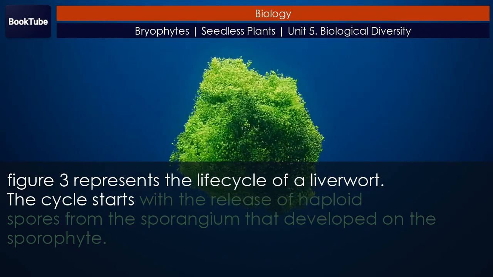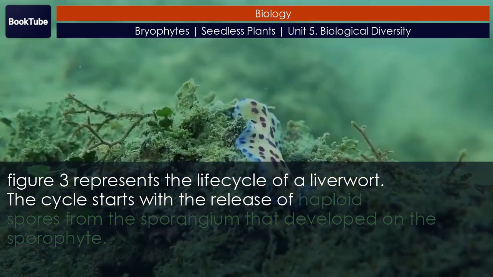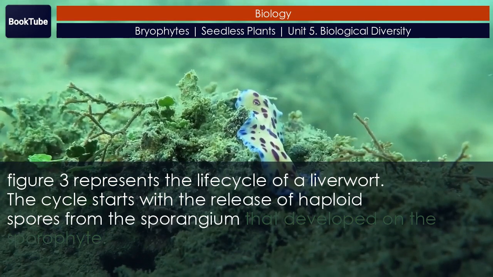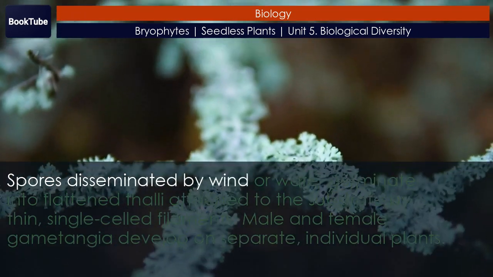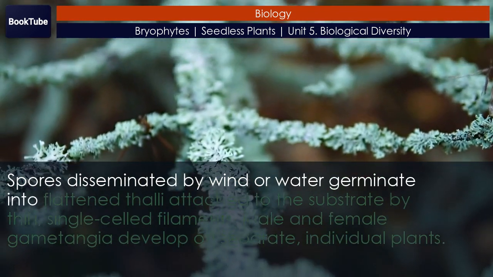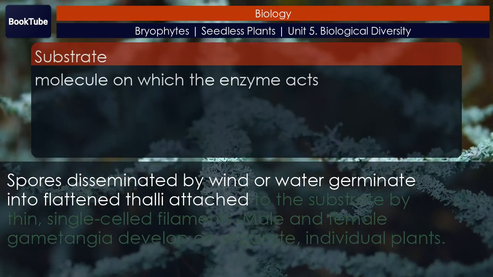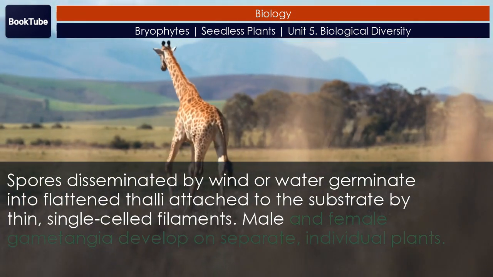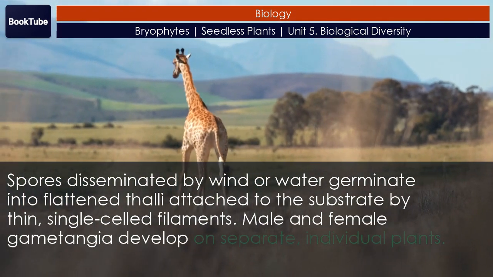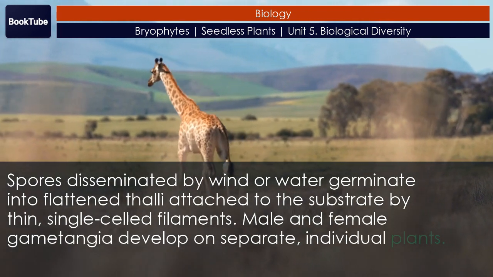The cycle starts with the release of haploid spores from the sporangium that developed on the sporophyte. Spores disseminated by wind or water germinate into flattened thalli attached to the substrate by thin, single-celled filaments. Male and female gametangia develop on separate, individual plants.